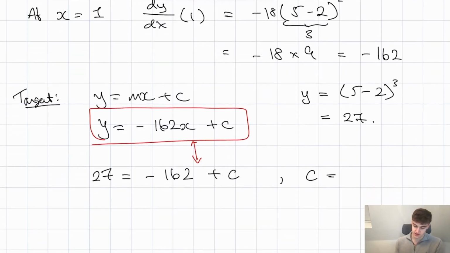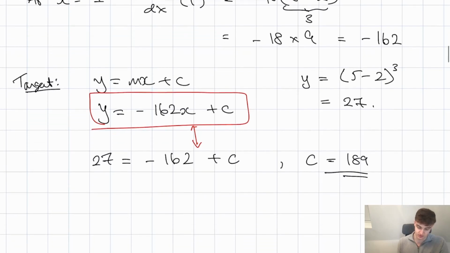So c is going to be, let's make sure I don't make a mistake now, 162 plus 27, 189. So the tangent line is going to have equation y is equal to minus 162x plus 189.